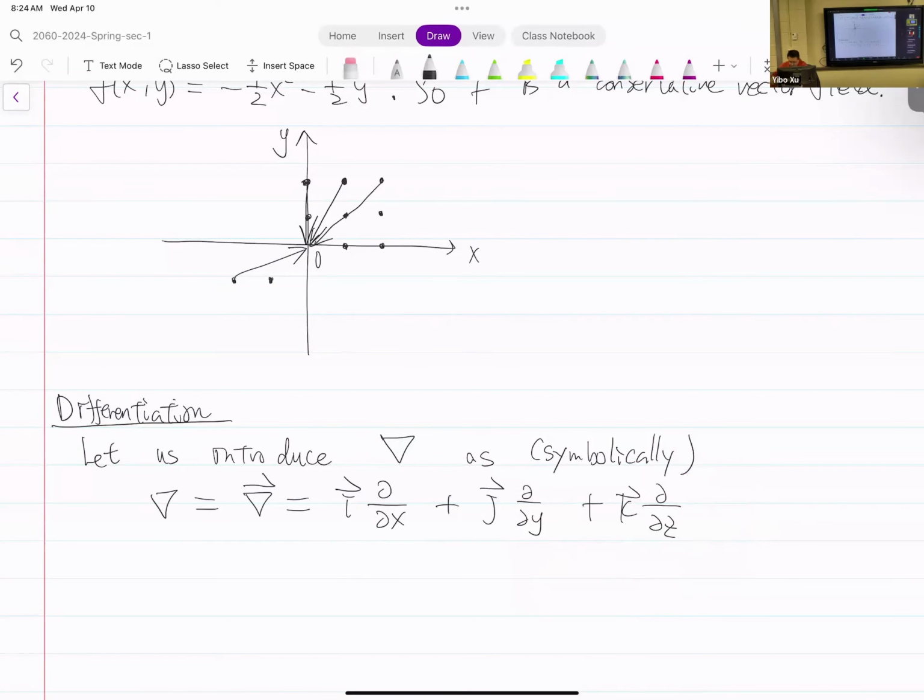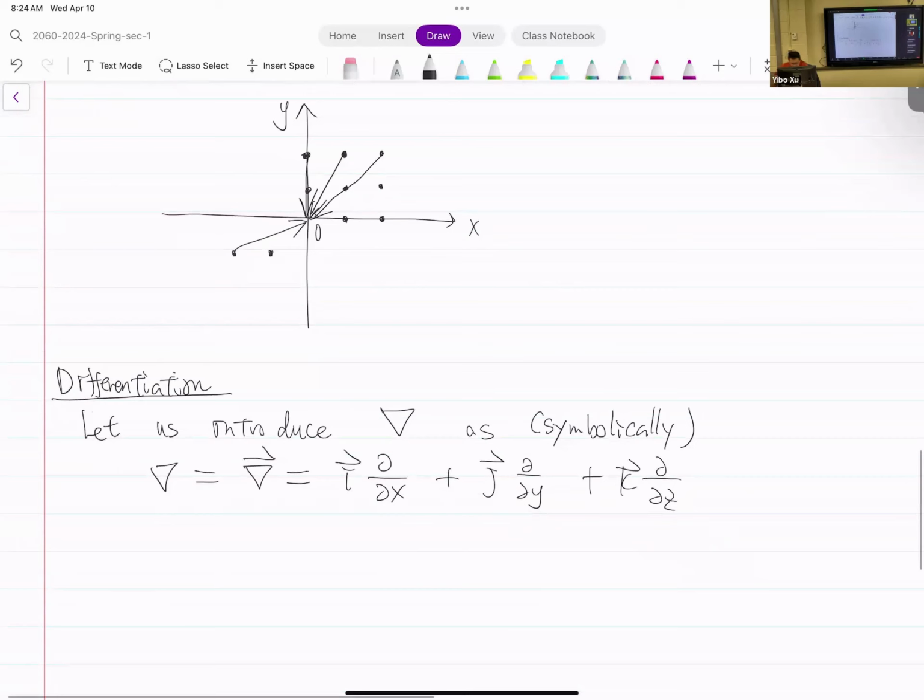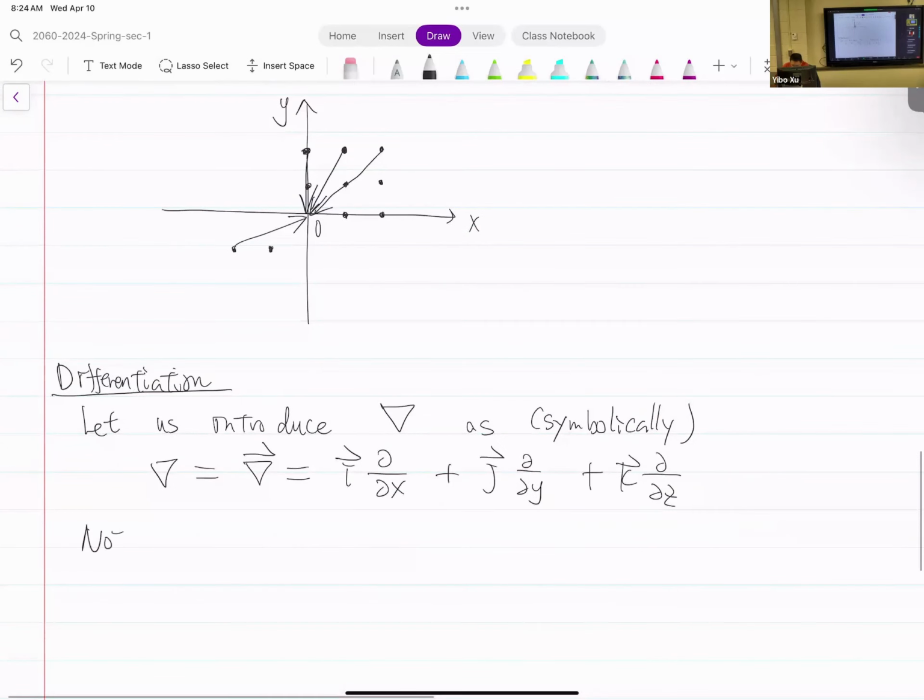This is putting different partial differentiation operators together. Okay. So as an example, note that if you just have a multivariable function little f, then the gradient of f is exactly the thing that we have described.